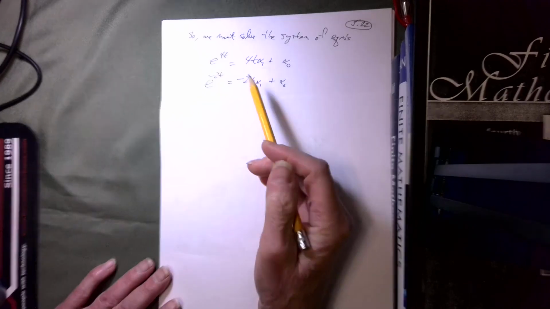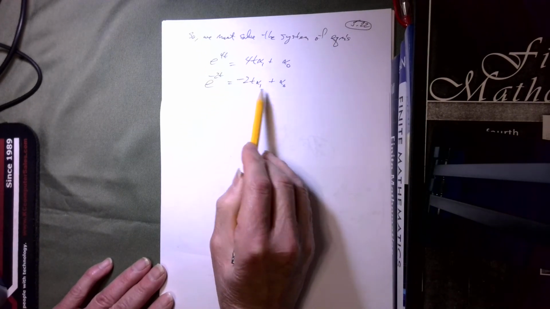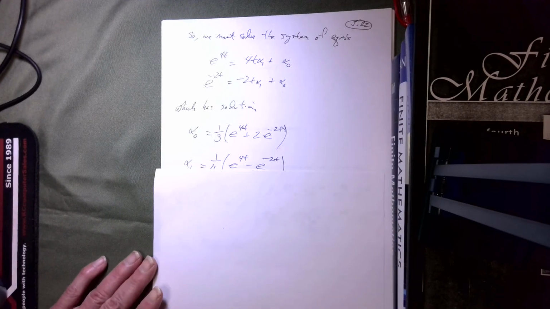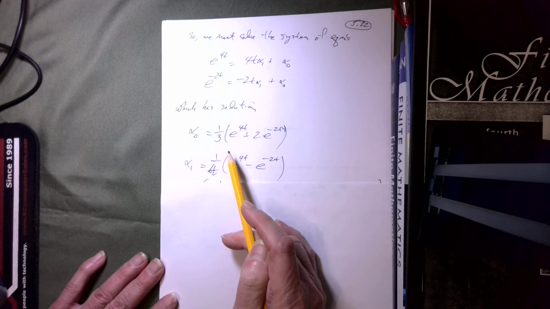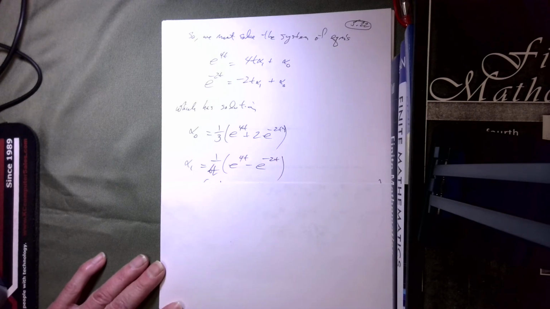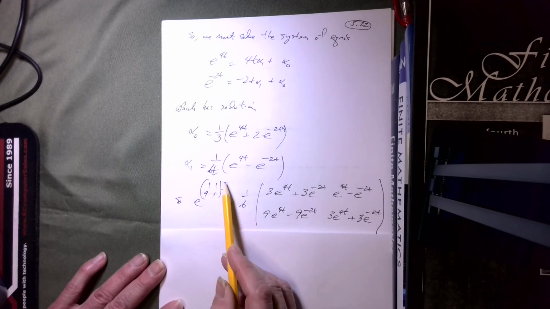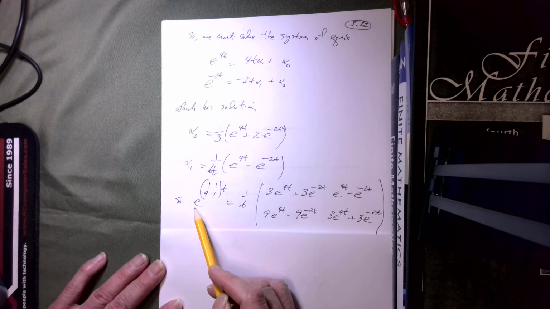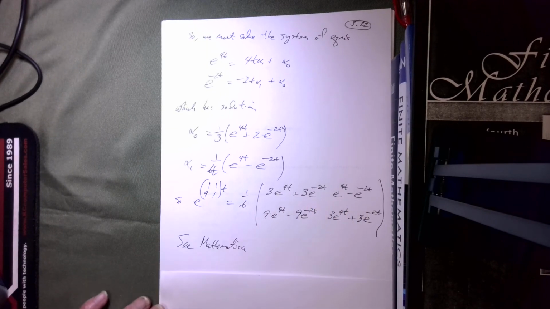You're going to use the Solve command in Mathematica. So we're going to solve a system of equations for alpha naught and alpha 1. You just use your Solve command, and you can get what your alpha naught and your alpha 1 are, so you can substitute them in, and this matrix exponential now just becomes a 2 by 2 matrix, which is really nice.